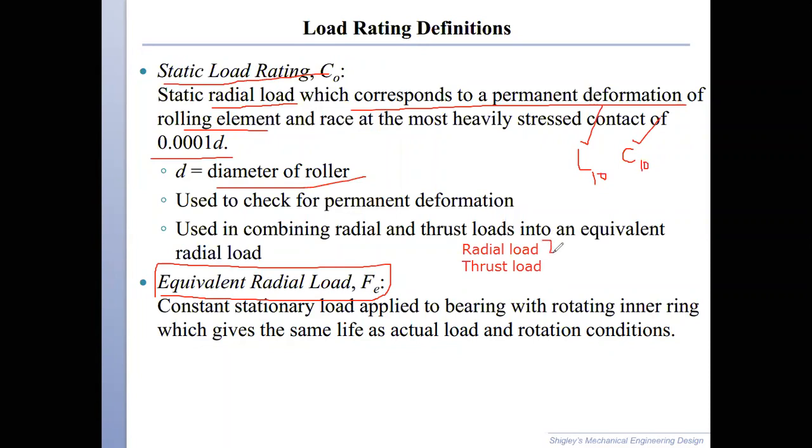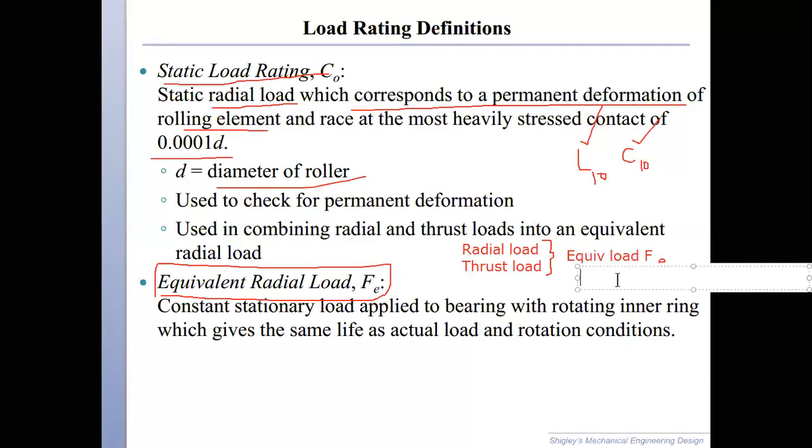So we can take both of these loads and express the combination of these loads as an equivalent load. We call that FE, the equivalent radial load. So not just equivalent load, but equivalent radial load.